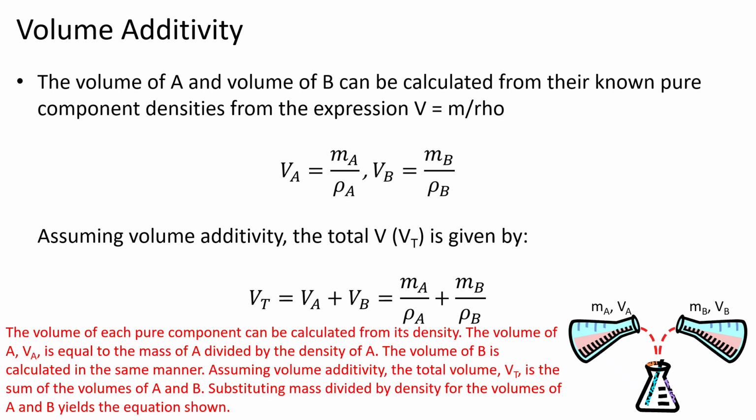The volume of A, V sub A, is equal to the mass of A divided by the density of A. The volume of B is calculated in the same manner. Assuming volume additivity, the total volume, V sub T, is the sum of the volumes of A and B. Substituting mass divided by density for the volumes of A and B yields the equation shown.